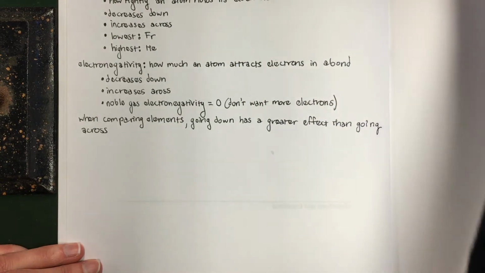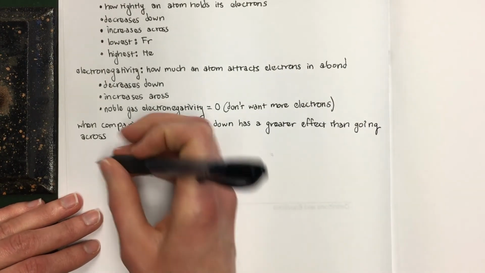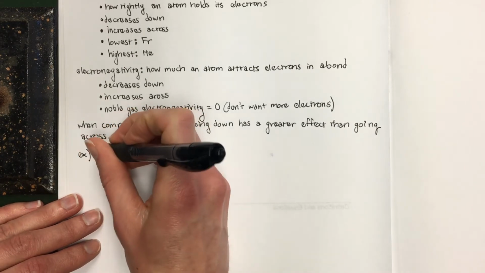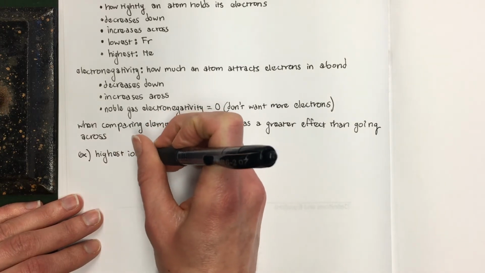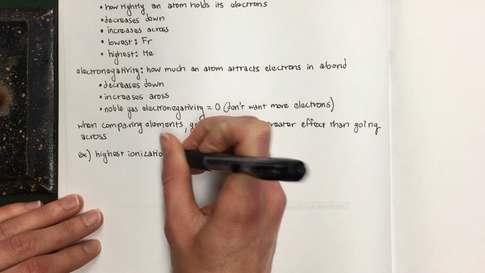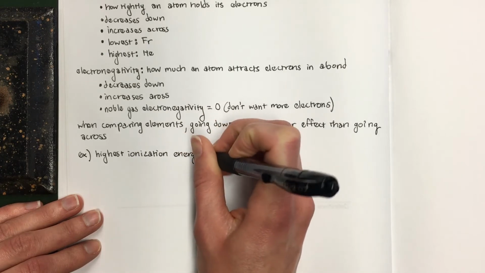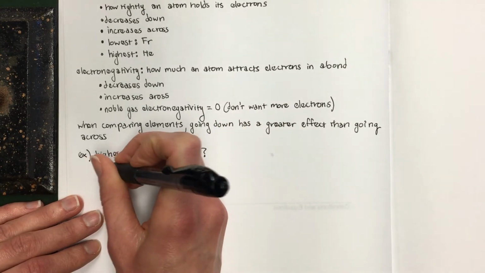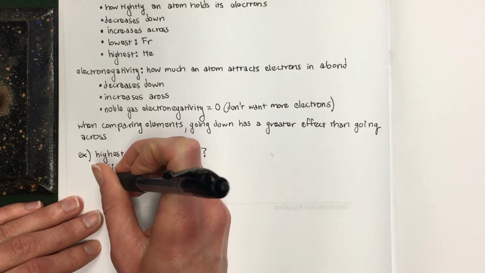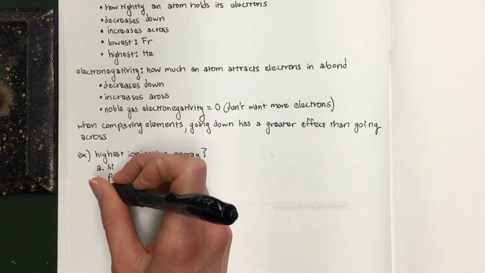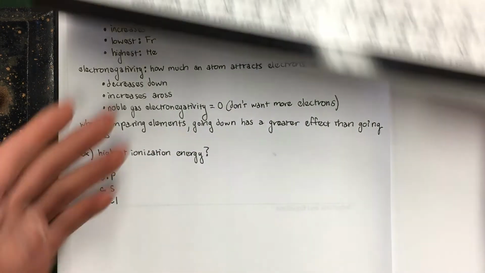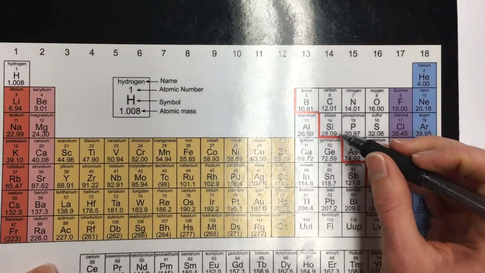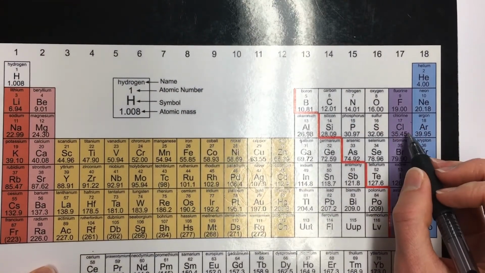So let me give you an example. So here's an example. I want the highest ionization energy, and my four options are going to be silicon, phosphorus, sulfur, and chlorine.